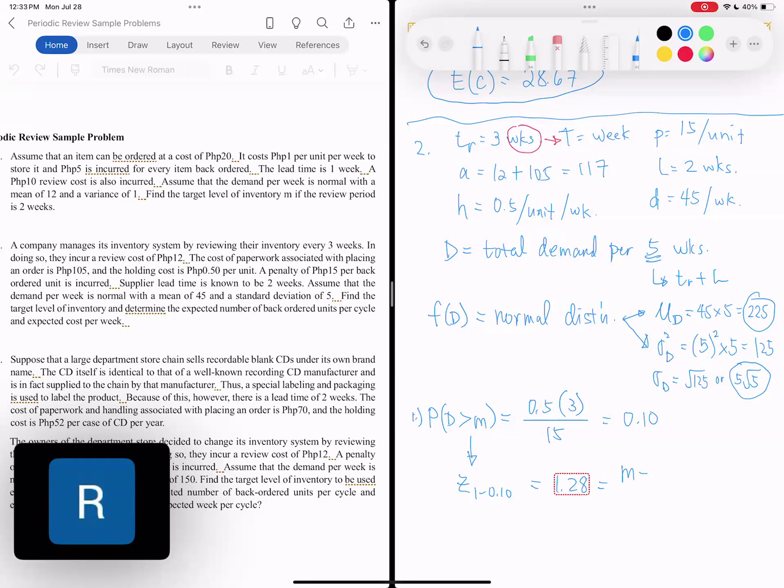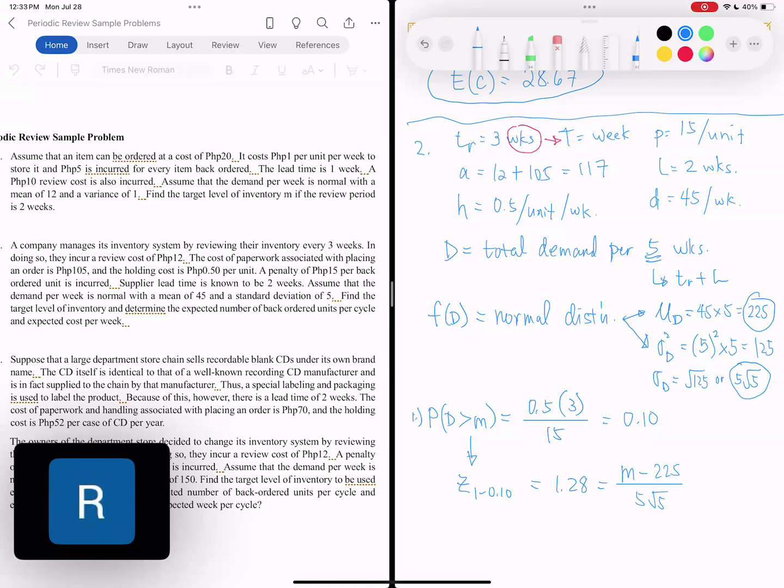Again, capital D here because of this random variable capital D. So you have mu D, and we have calculated that to be 225. Then divide by sigma of D, which is 5 square root of 5.